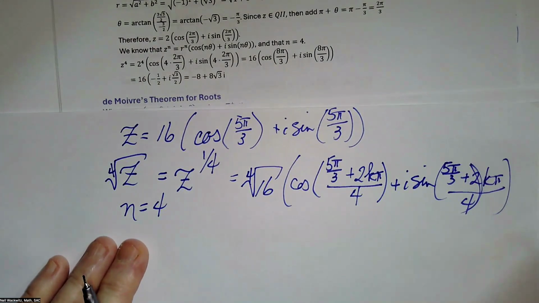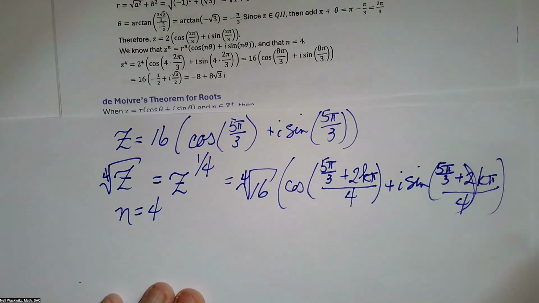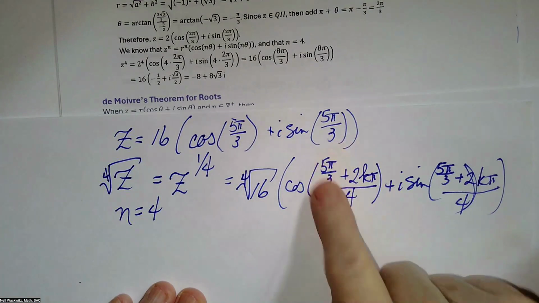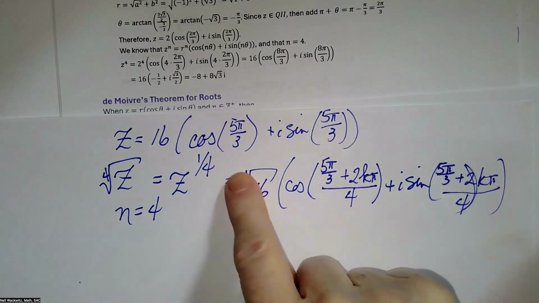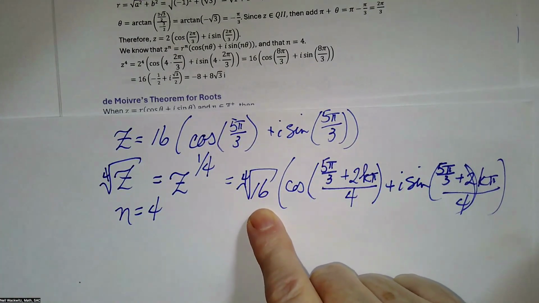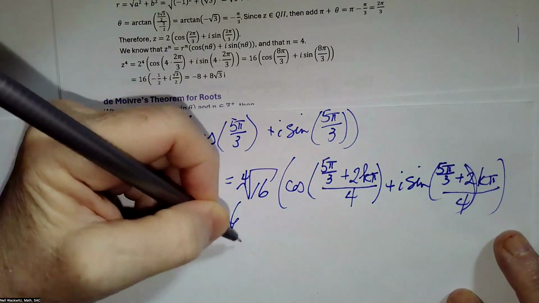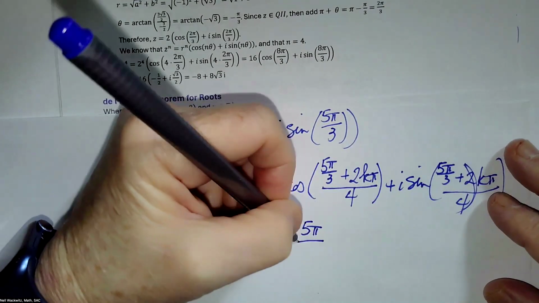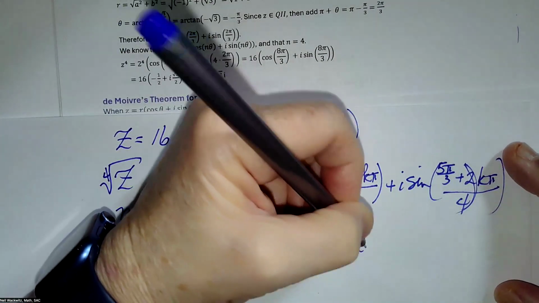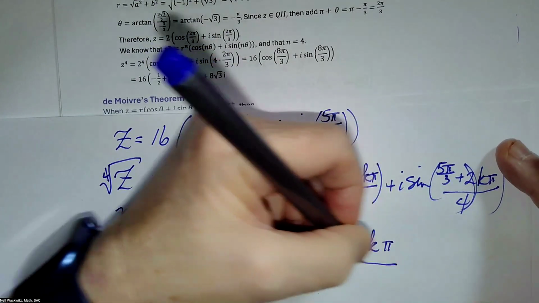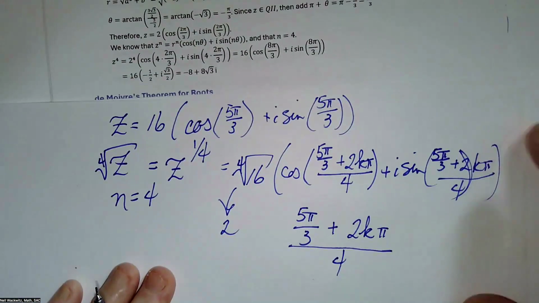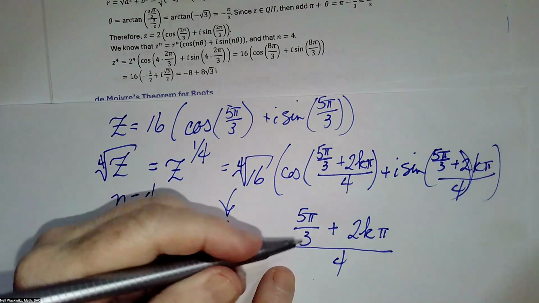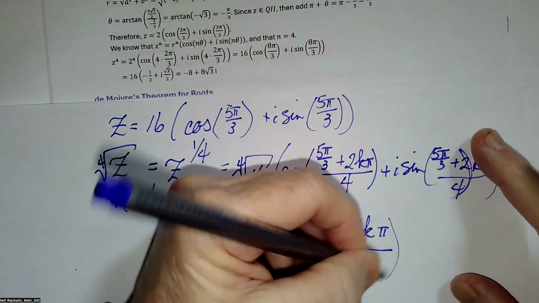So we need to do two things before we can write down solutions. We need to make this complex fraction a regular fraction, and we need to take the fourth root of 16. Well, the fourth root of 16 is just 2. And we've got 5 pi over 3 plus 2k pi, all divided by 4. The denominator of the fraction inside is 3.